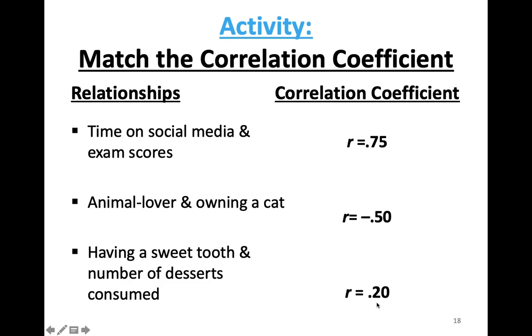And then a 0.2, we've got a positive correlation, but it's less strong. So what we're going to do is play the matching game, and you can do this on your own. You can think about which of these relationships should be paired with the correlation coefficient. Let's think about this first one. Time on social media and exam scores. Well, let's think about this.